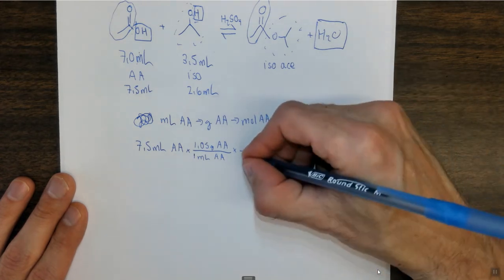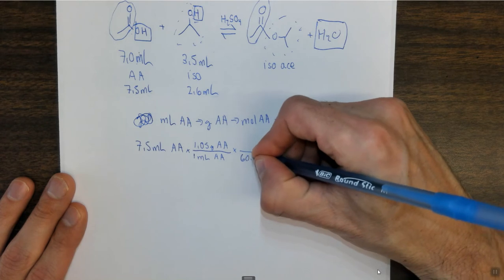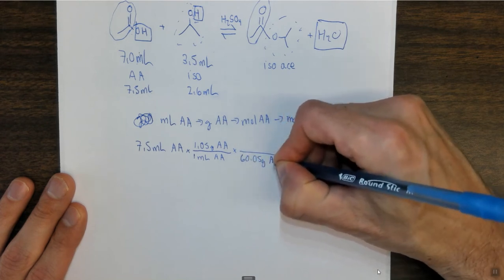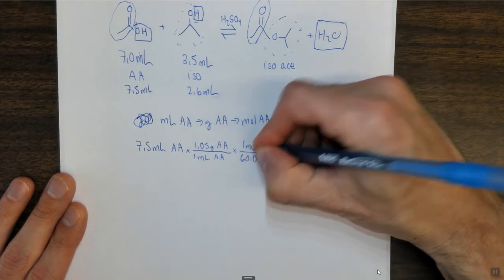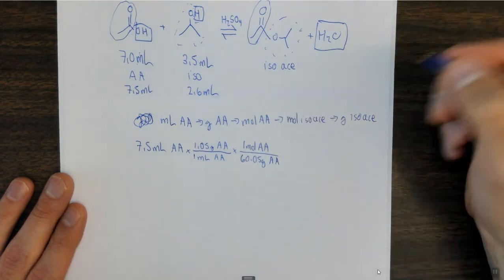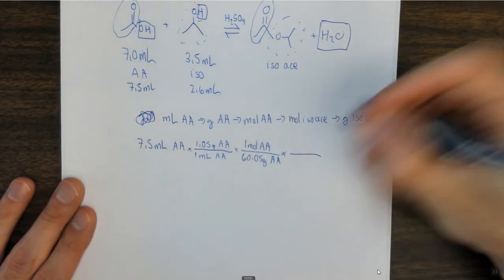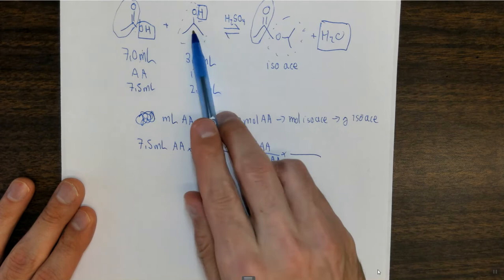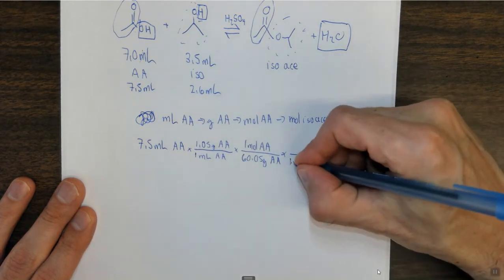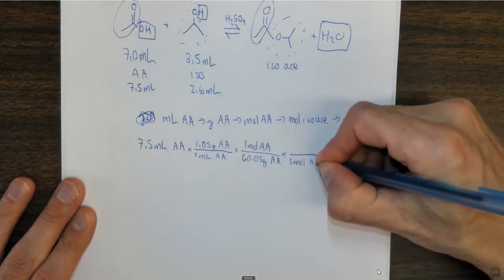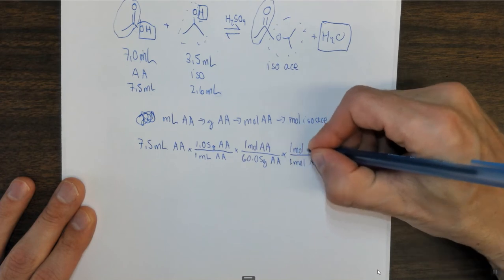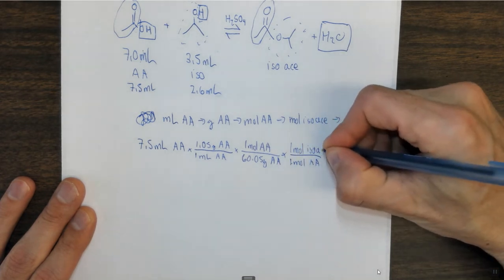The molar mass of acetic acid is 60.05 grams of acetic acid per 1 mole of acetic acid. Now I want to convert it to moles of isopropyl acetate using the balanced chemical equation, and they're all 1 to 1. So 1 mole of acetic acid gives me 1 mole of isopropyl acetate.